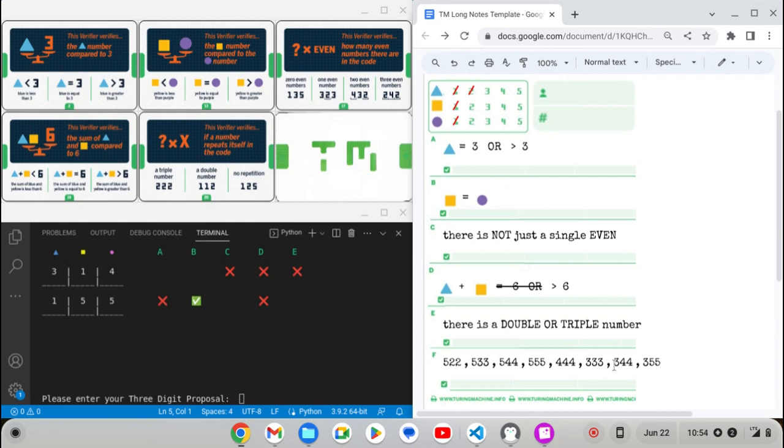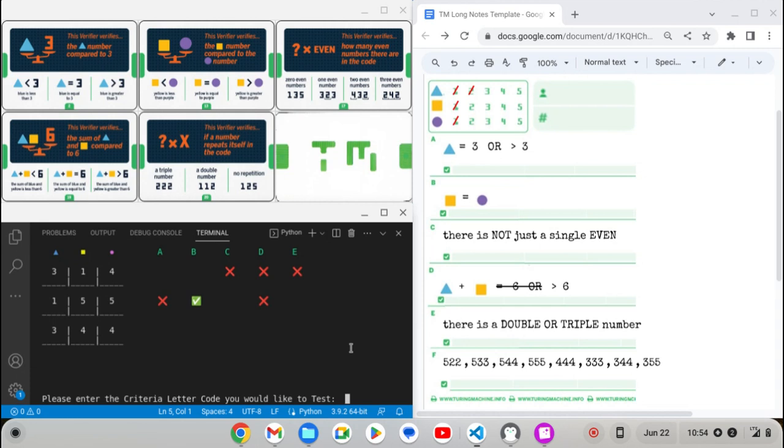Okay, if I have 3, let's think about this. I want to guarantee that the sum is greater than 6. So I think I'm going to go with 344. Oh my gosh.